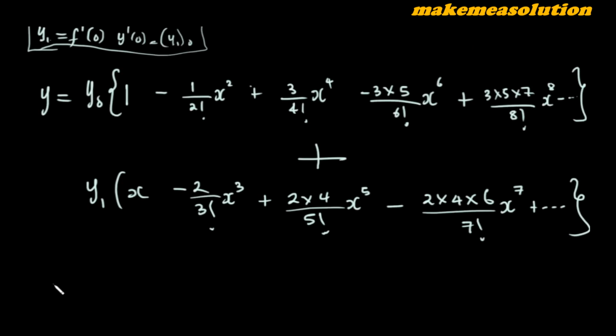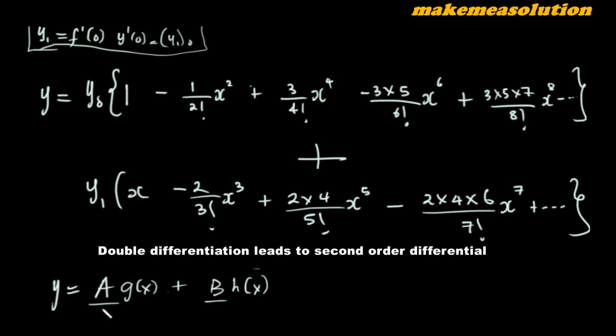Now this can be written as y is equal to a times the whole series, let me say your g of x, and plus b times this one, which you can write as h of x. Do you understand? Remember that anytime we have a differential equation where we have two arbitrary constants, we need to differentiate 2 times. In this case, a stands for y0, or my f of 0, and b stands for my y1, which is my f prime of 0.